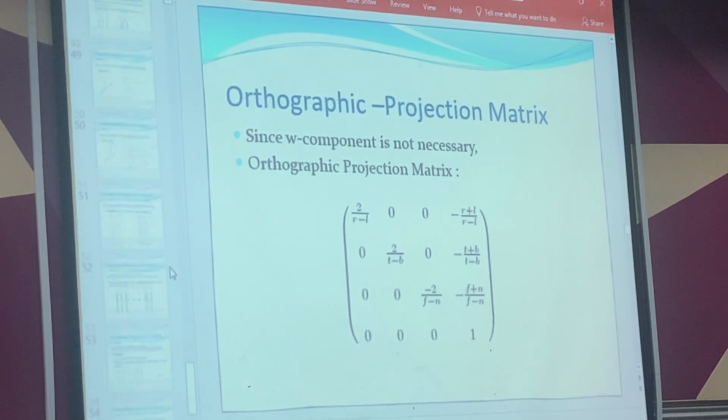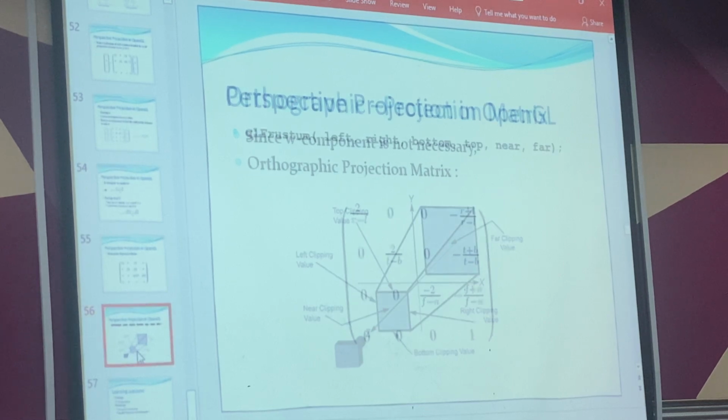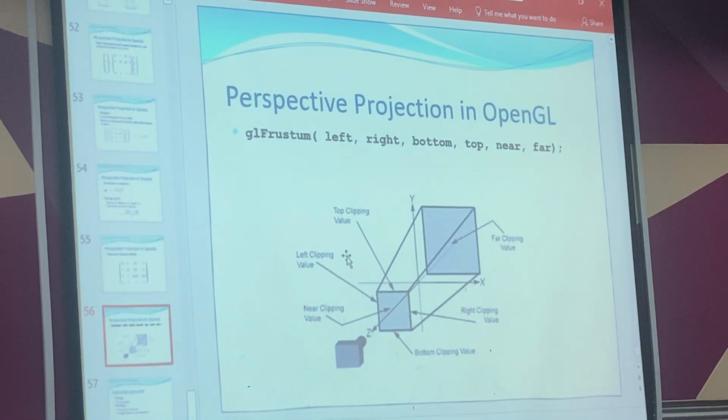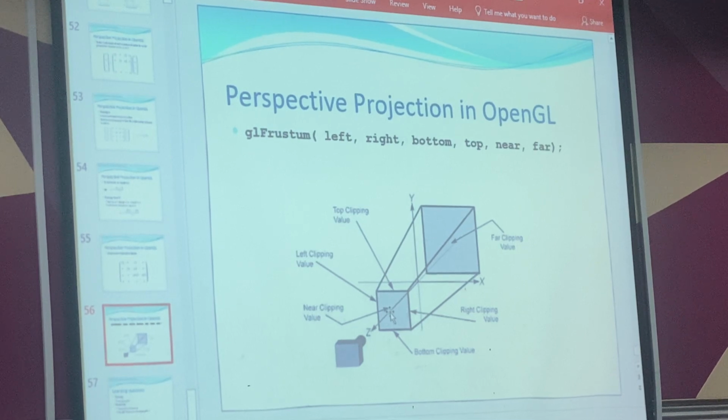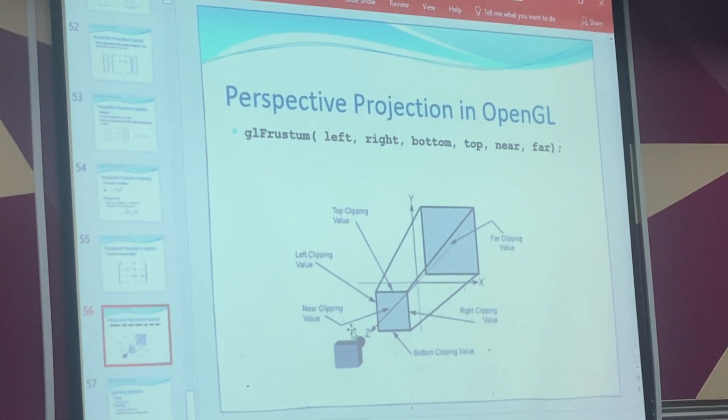Okay, with this we have actually done chapter 5. This one is the perspective view for the frustum. So you draw one small, your near plane, and draw one big, your far plane. Then at the end your projection lines will converge at a point here, which is your camera or your eye, your view.